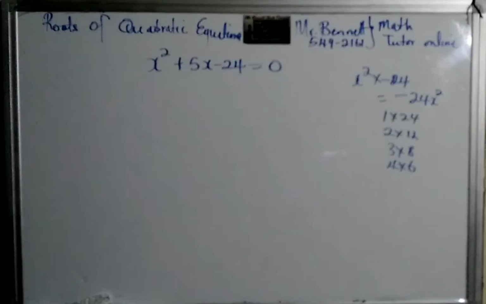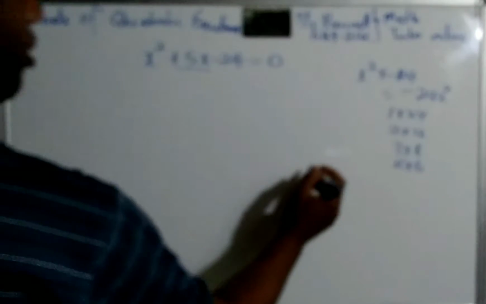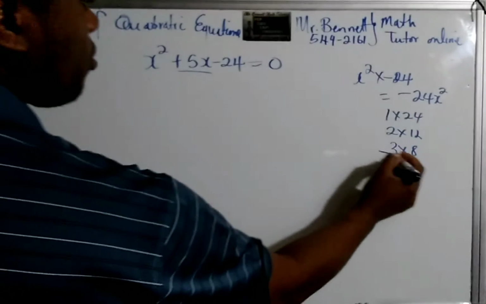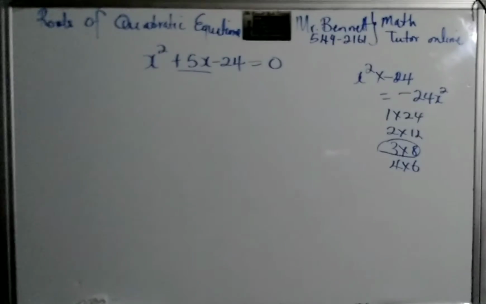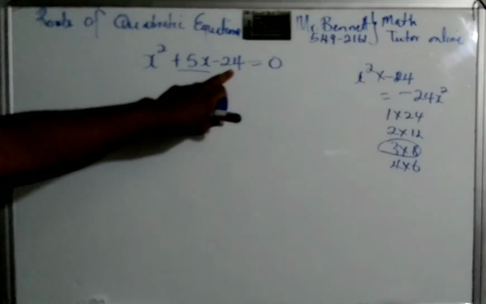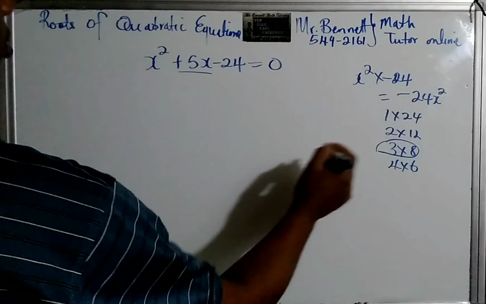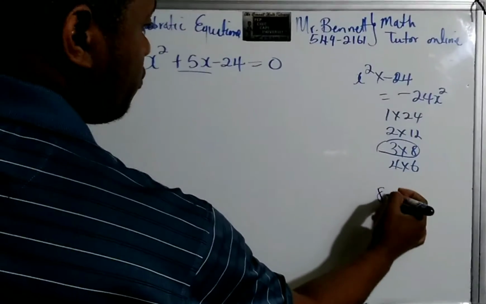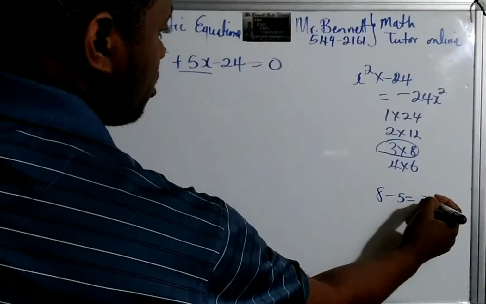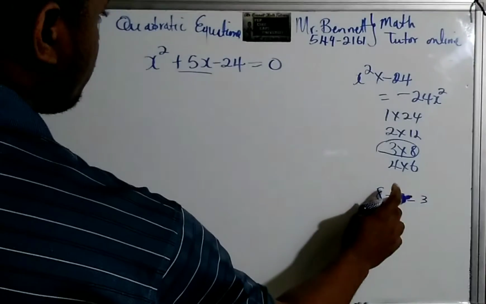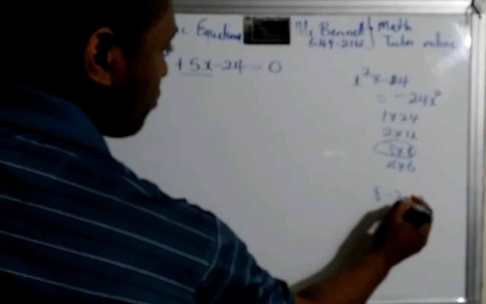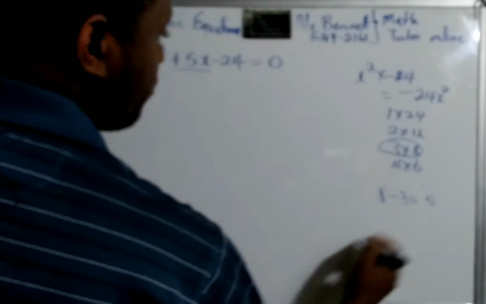So we're going to look at which pair of factors can give us 5x, and that would be 8 and 3, right? So it's negative 24, so it means one of them must be negative, so it would be positive 8 minus 3, that is equal to 5, right?